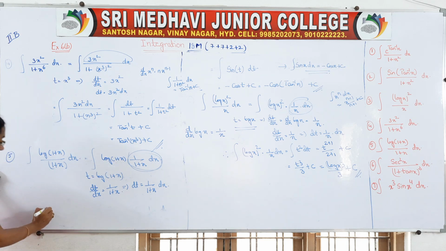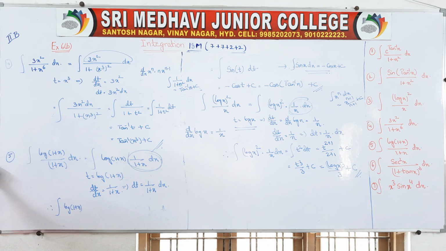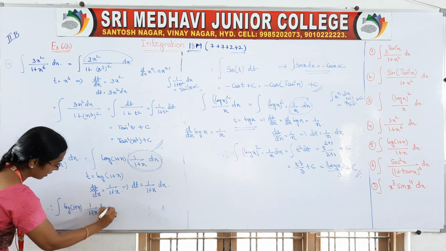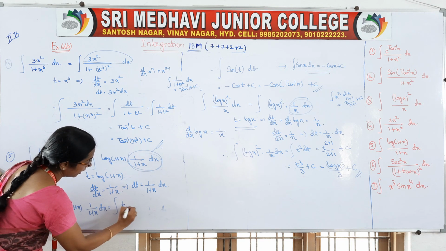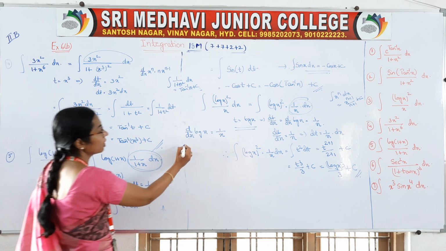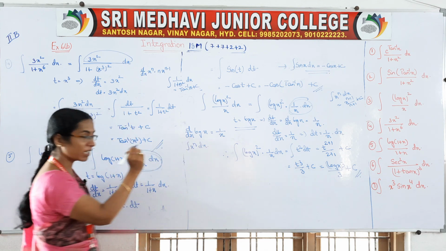Okay, so take the question now. Integral log of 1 plus x into 1 by 1 plus x dx is equal to integral t into dt. So how we can write this one? We can write t to the power of 1. What is the formula? Integral x to the power of n dx. Power is there.